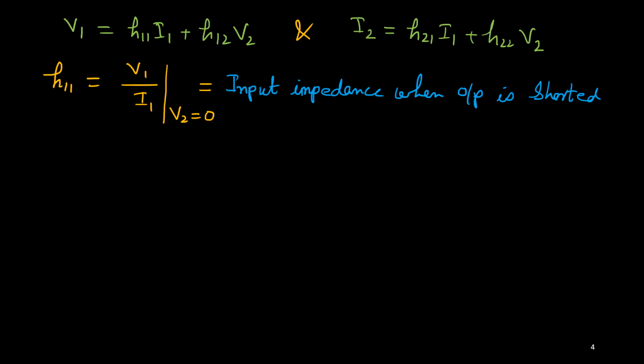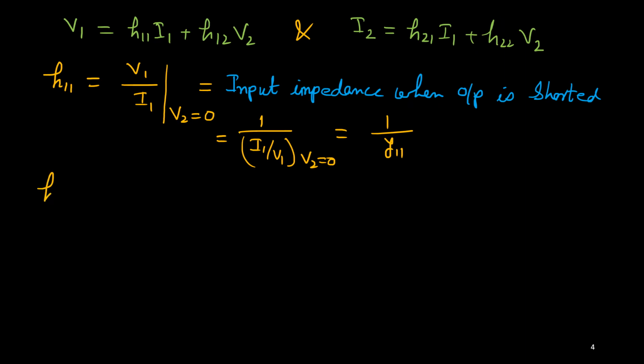So I can rewrite this as 1 upon I1 upon V1 under condition V2 equals 0. The second term is nothing but Y11. So we can relate H11 with Y11 because both are short circuit parameters. H11 is input impedance and Y11 is input admittance when output is shorted. Same condition.